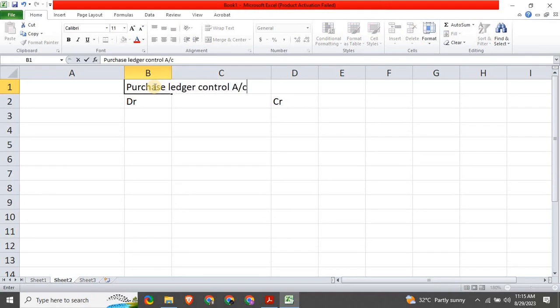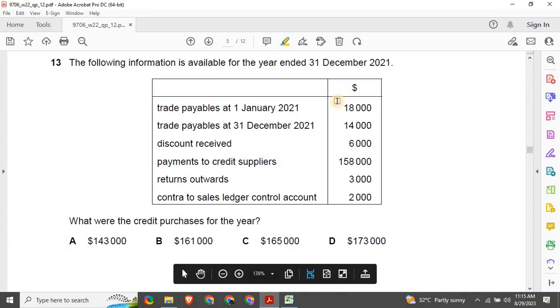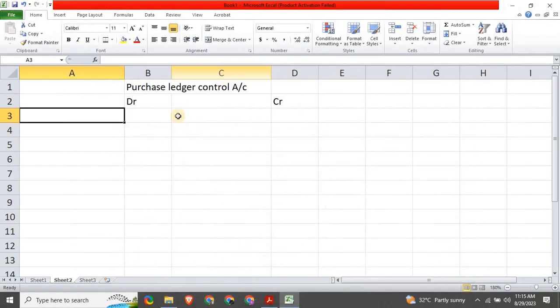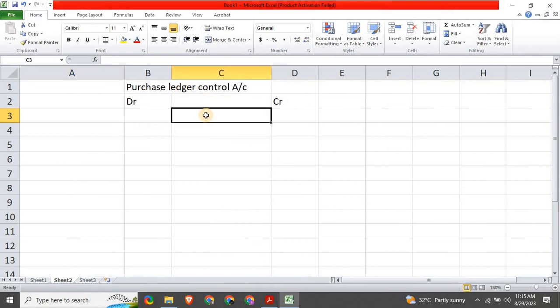Purchase ledger control account, and here we'll start writing down the amounts. In the beginning of the year it is 18,000, so the trade payables will have a balance on this side. This is your balance BD 18,000.